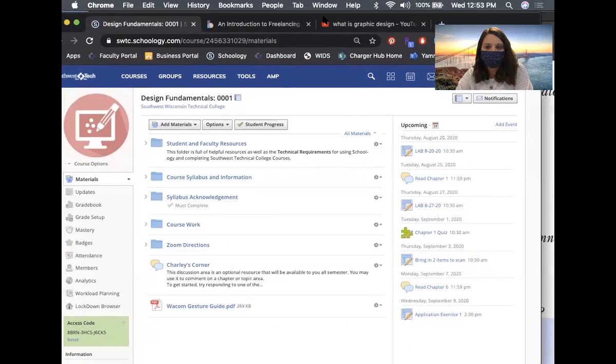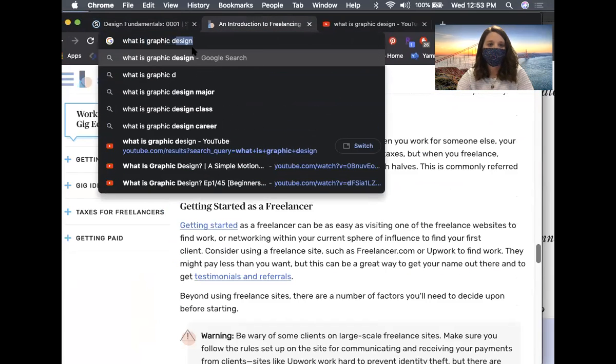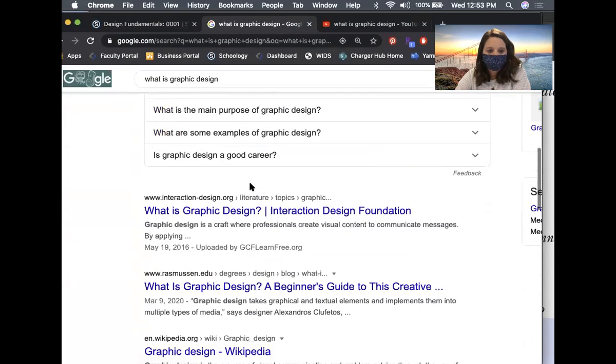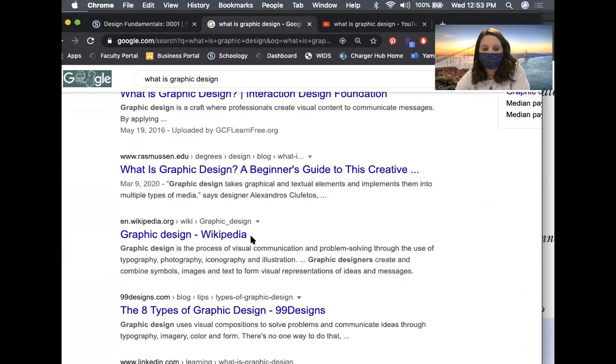So let's see, what results do we get when we search what is graphic design? Does anyone want to share one of their results? Graphic design process and visual communication, problem solving through the use of typography, iconography, and illustration. It is a subset of visual communication. There's some words.